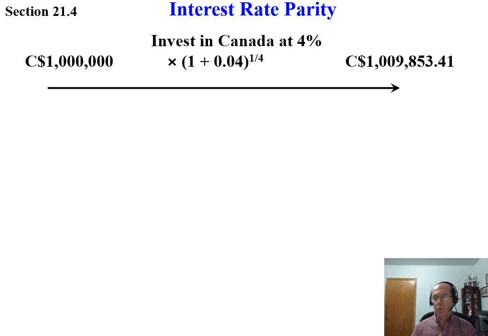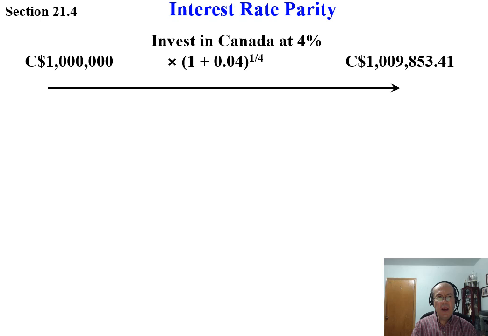We will have $1,009,853.41. Okay, but we know that we can earn twice as high interest rate if we invest in the United States. So let us consider another alternative.